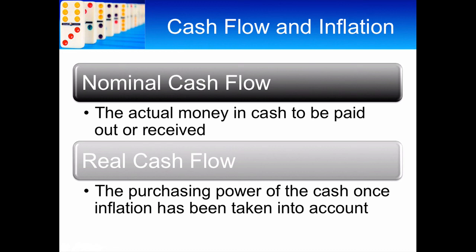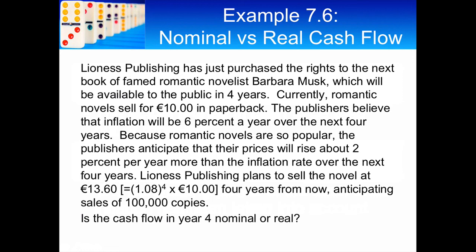The real cash flow is the equivalent value of the cash in today's terms. That is the value of the cash once you've taken inflation into account. If we look at this example here, it's a fairly nice and succinct example of what the difference between nominal and real cash flows is.